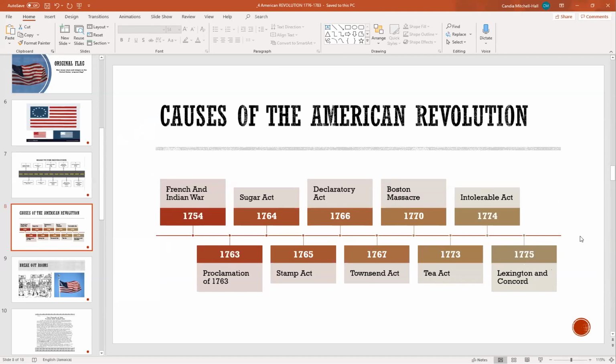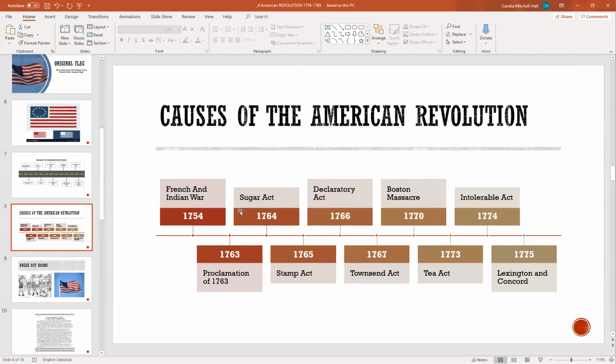And so if we look at this, Britain, as a result of the French and the Indian War, is going to implement a lot of different policies that are going to cause the individual colonies to be upset.